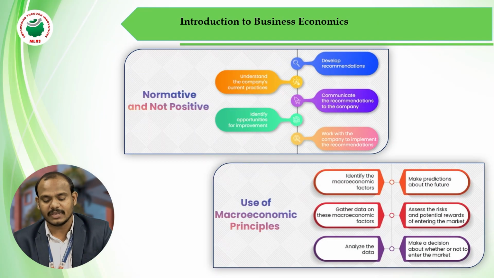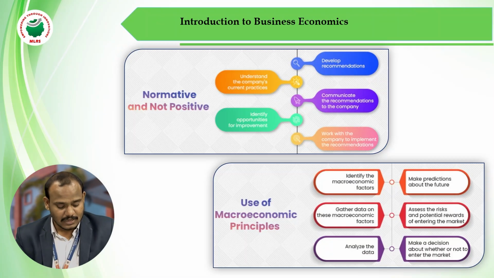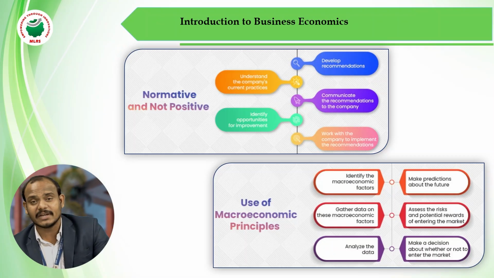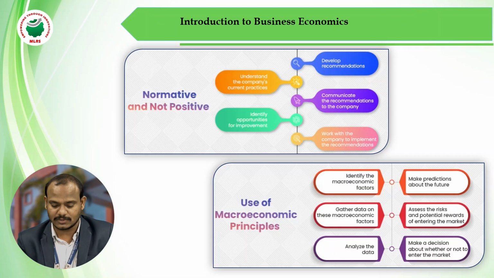So let's move to the normative and positive statements. Positive economics tells us what is happening, while normative economics suggests what should be done. Business economics gives recommendations to improve outcomes.